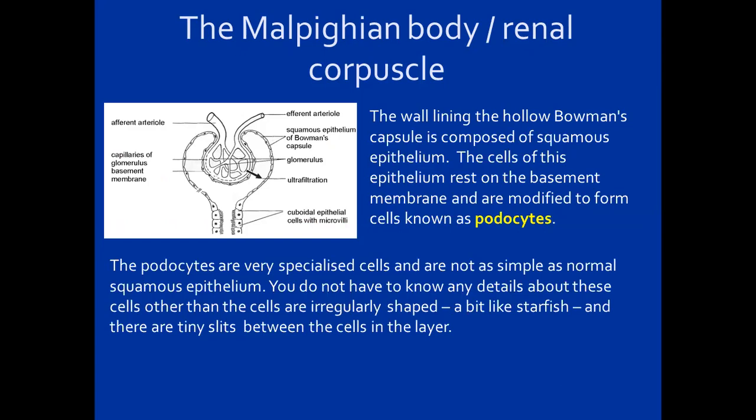Then the layer of basement membrane that belongs to the capillaries. Then you've got a layer of basement membrane that belongs to Bowman's capsule. Then you've got the podocyte cells. And between the podocyte cells, there are little slits. I hope that makes sense.